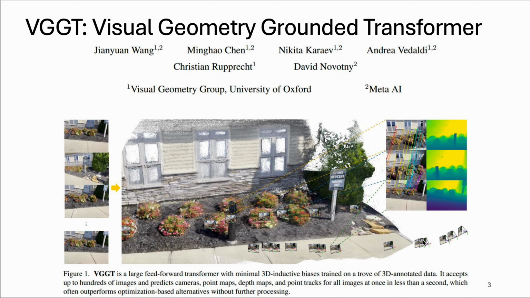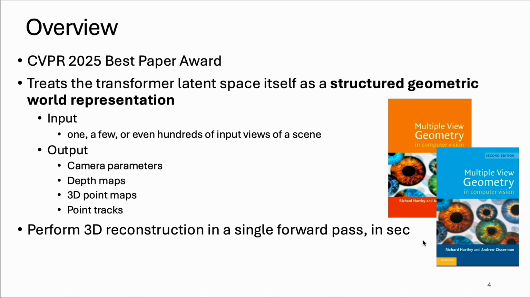But the paper is trying to calculate all of this output using a single transformer network. This paper won the CVPR 2025 Best Paper Award. It treats the transformer latent space itself as a structured geometric world representation.